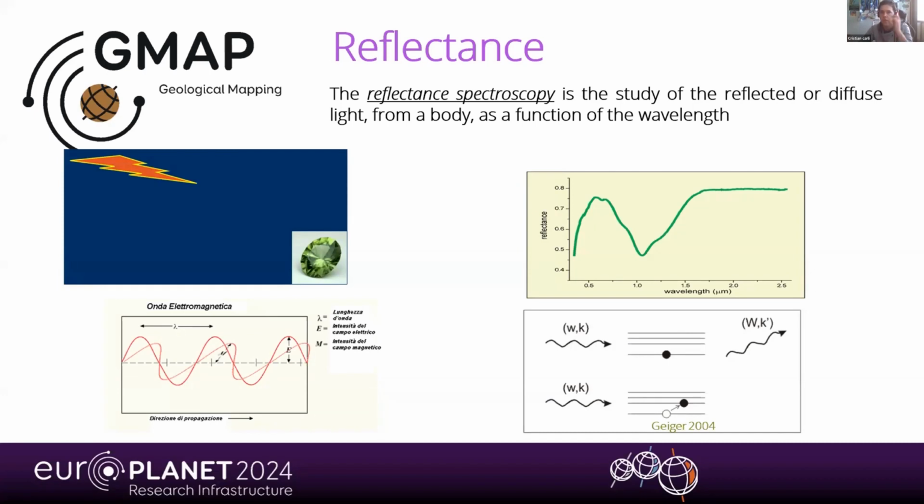Here you can clearly see, for instance, that when the light hits a grain of olivine, it will give us spectral information. I'm not sure if you are going to see my mouse, but in the right plot on the top, you can clearly see how the reflectance changes with the wavelength.